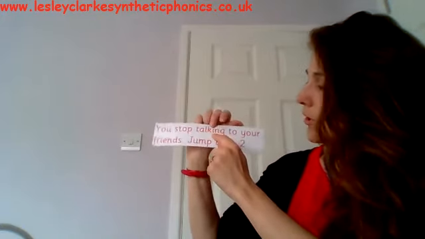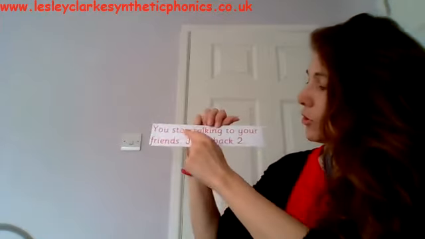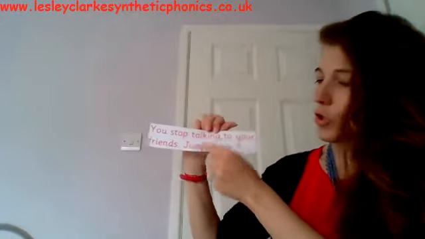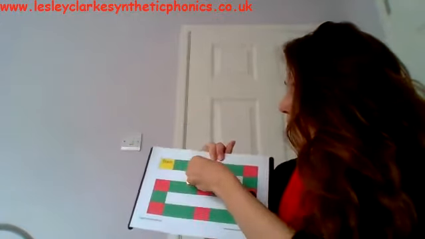You stop, it's a long one, we need to split it up. Talk, ing, talking. You stop talking to your friends, jump back 2. So that means they have to go back 2 spaces.